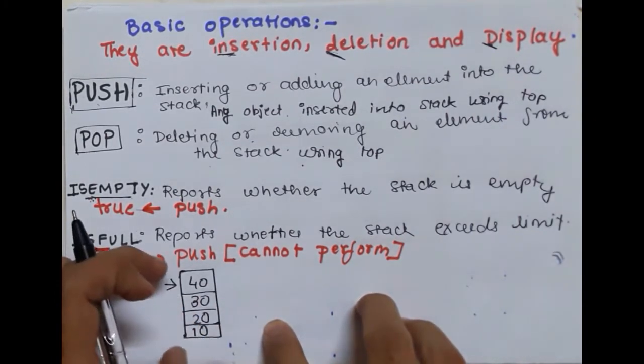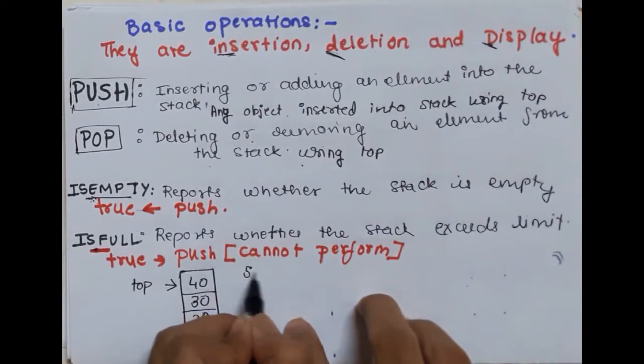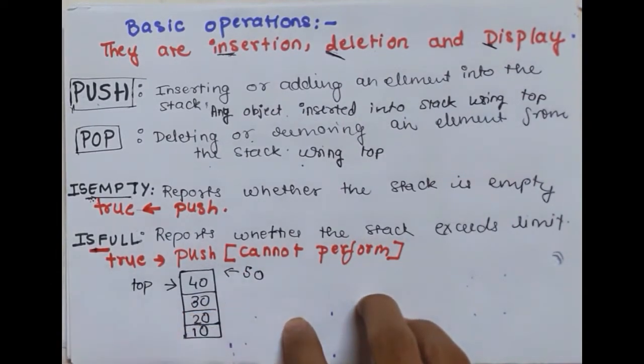Now the stack is already full and we want to insert 50 into this stack, right? So we cannot insert 50 into the stack because the stack is full, which means we cannot perform push into the stack because the stack is full.